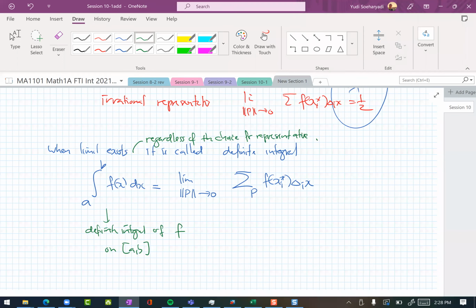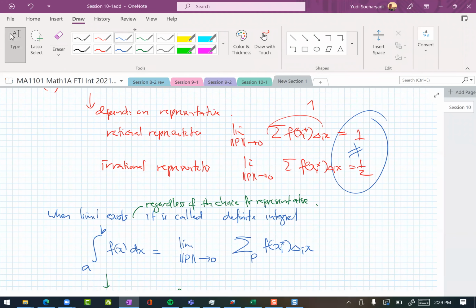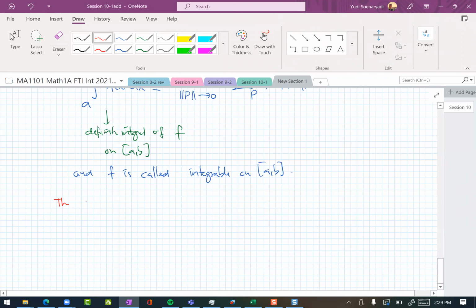And that is the definite integral. One more thing: f is called integrable on the interval. So in this particular case, look at this one: 1 if x is rational, 0 if x is irrational.